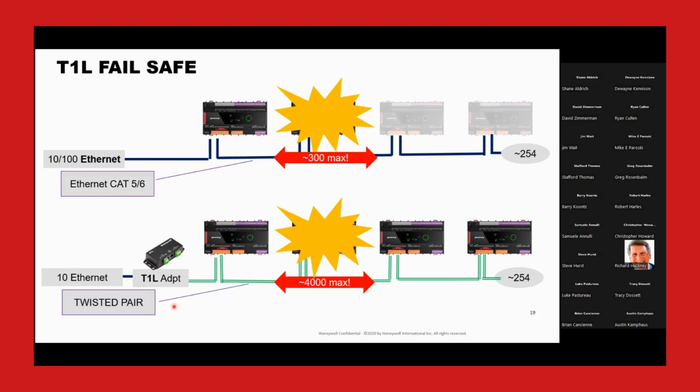And if you have an existing free topology lawn trunk, it's not going to convert to T1L. So Honeywell is very optimistic about saying, oh, this will replace lawn. And it's more like, maybe you won't have to run a new T1L trunk. You might be able to reuse your existing lawn wire, but everything on the bus has to be replaced. And you better make sure it was a daisy chain to begin with.